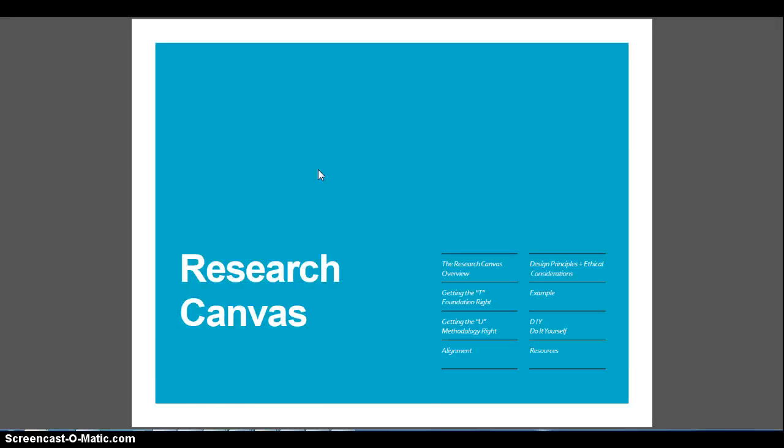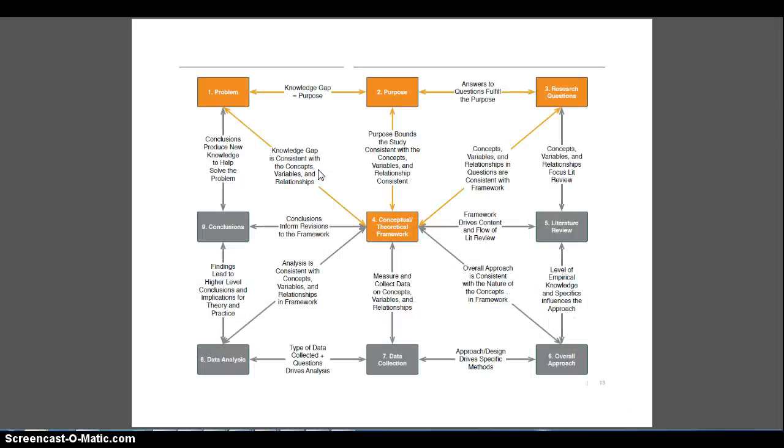What it does is allow you to align all the important pieces, starting with the problem statement. So what's the problem? Why is this important to consider studying? What would be the purpose of the study? The research questions, lit review, conceptual or theoretical framework, the overall approach or design, data collection.